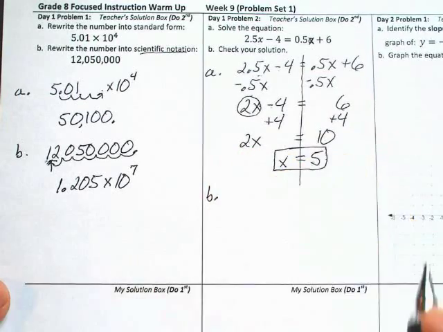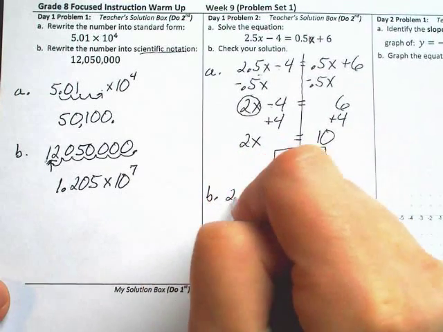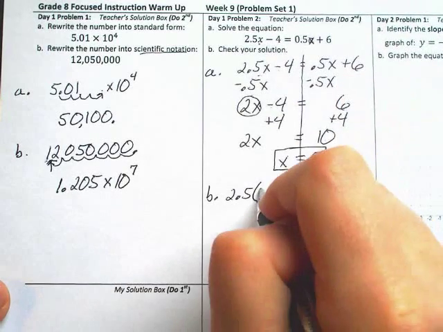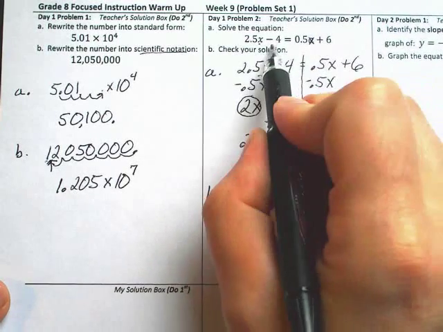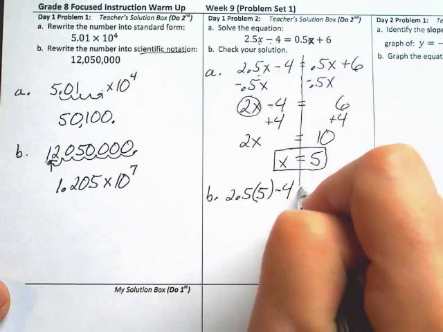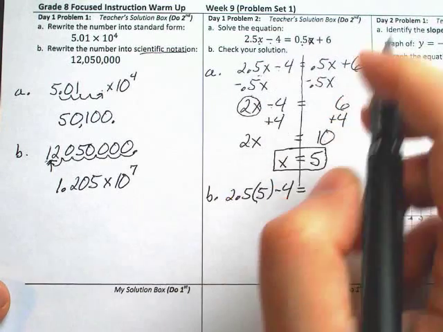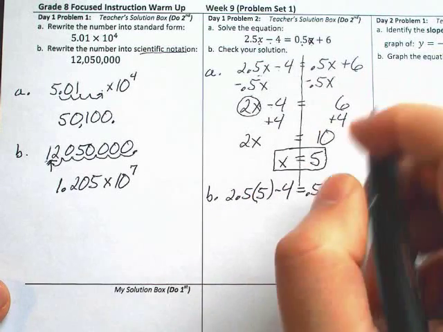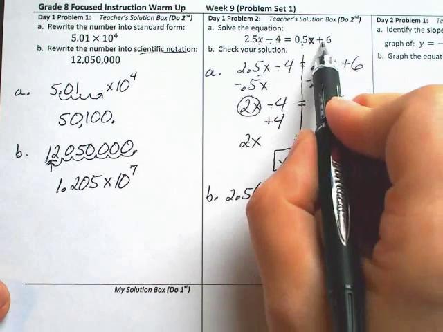Now in part B, we can check whether that really works. So 2.5, and then where the variable x is, fill in 5, subtract 4, equals 0.5, fill in 5 for x, and plus 6.